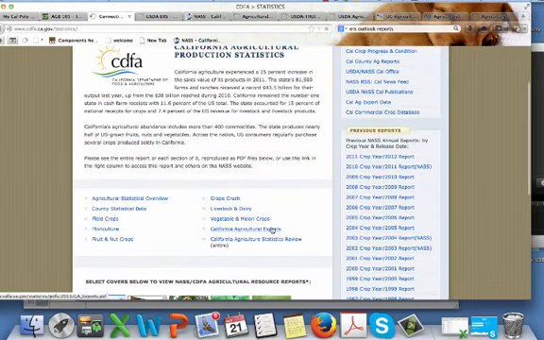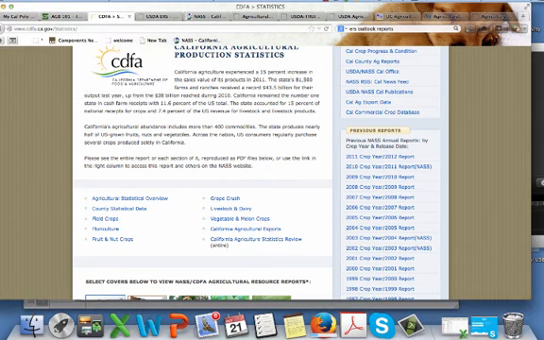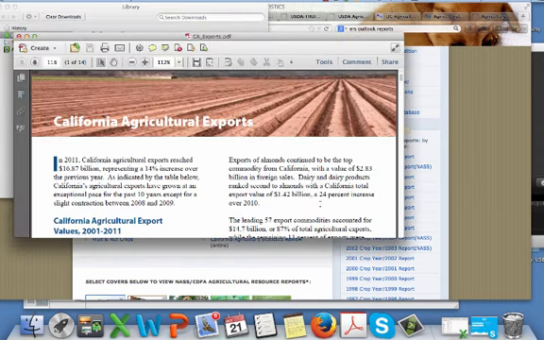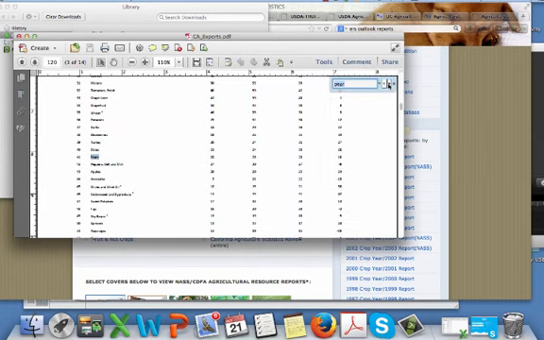and click on California agriculture exports. And again, if we're looking for a particular product, we can just use the find key. I don't know if we have any pear exports, but we'll find out.